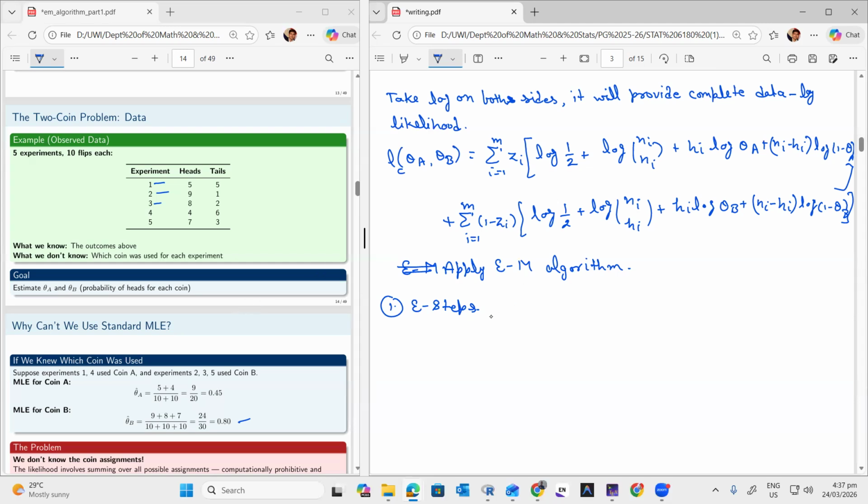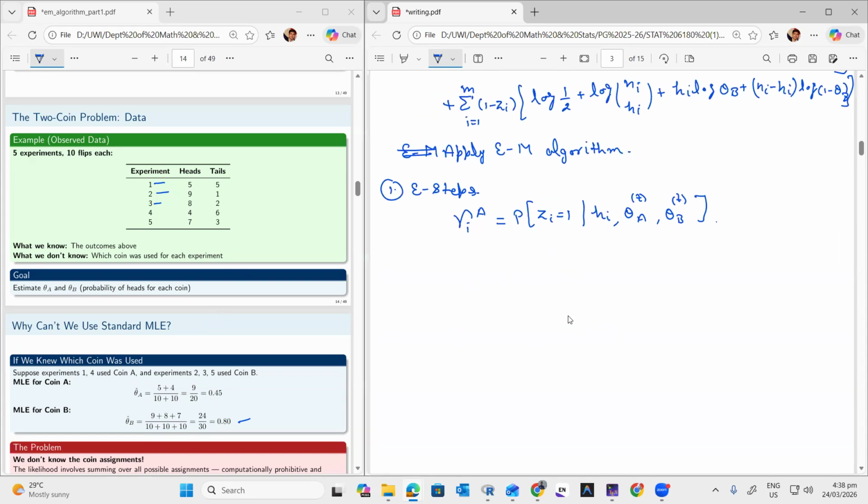We define it as gamma iA, which is the probability that Zi equals 1, meaning coin A was selected, for the given number of heads in experiment i and for the given values theta A(t) and theta B(t). This quantity is called the responsibility of coin A for experiment i.